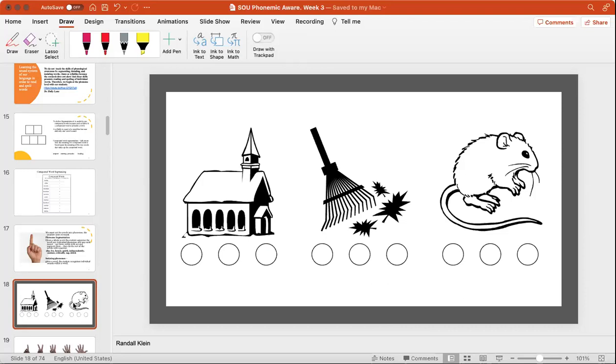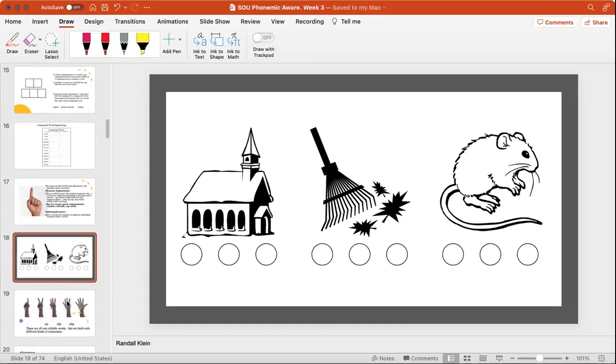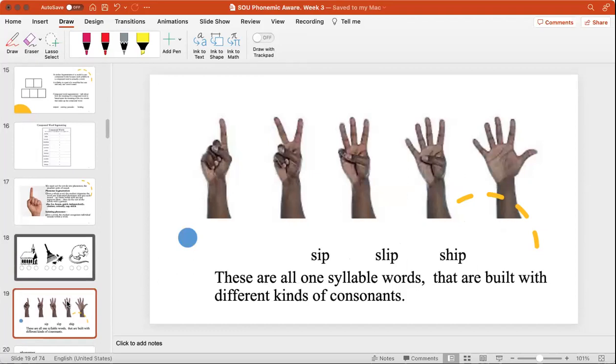But I put a number of these exercises in the Moodle files, and you could use these to practice segmenting with your students. We've already done this by putting the fingers up based on how many sounds are in the word.